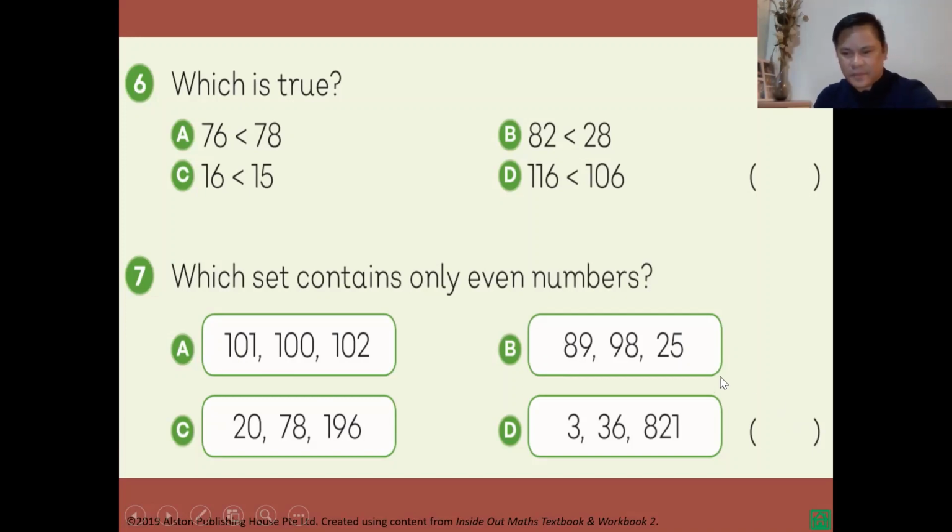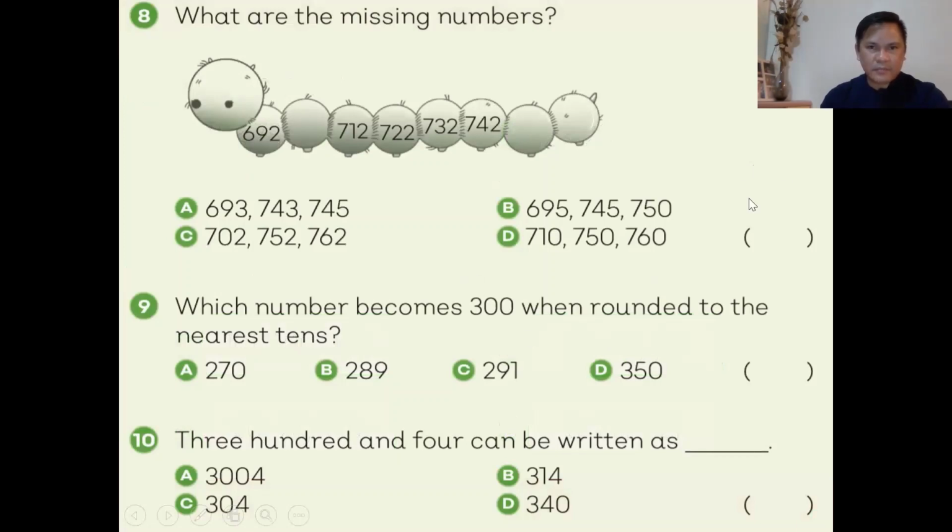Okay, let's go to number 8. What are the missing numbers here? Can you find the missing number? 692. What is the number missing? 712 and 722. If we count from 12 to 22, let's count. 713, 714, 15, 16, 17, 18, 19, 20, 21, 22.